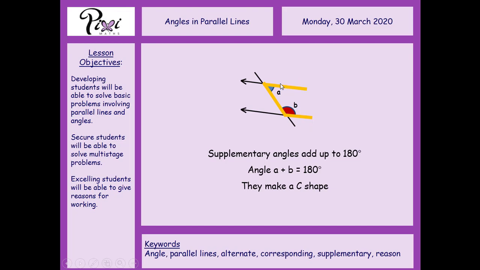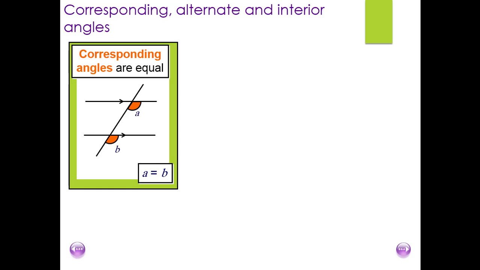So A and B are supplementary angles or interior angles. And I will give you a worksheet by the end of this lesson, and we will have exercises and many figures showing the interior angles.